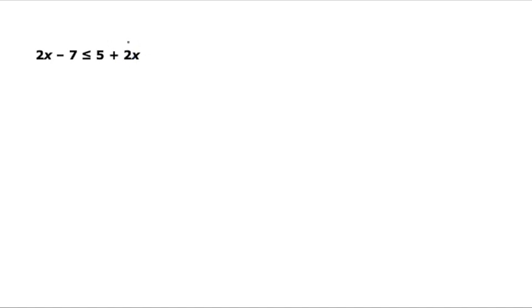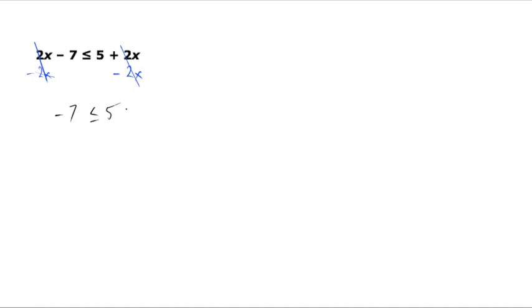I'm going to move this positive 2x on the right to the left. Since it was a positive 2x, I'm going to subtract 2x on both sides. On the right side, 2x minus 2x cancels. On the left side, 2x minus 2x also cancels. So now I'm just left with negative 7 is less than or equal to 5.